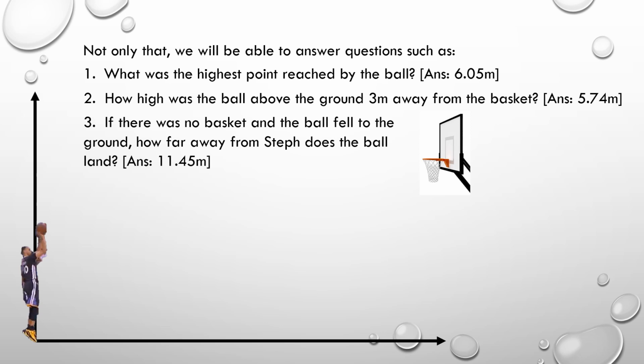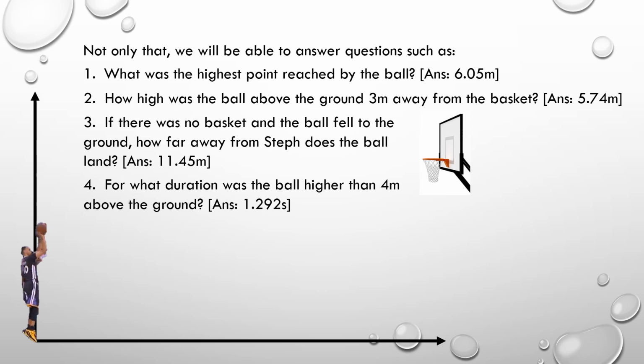And how about this? For what duration was the ball higher than 4 meters in height above the ground? I won't work out these answers one by one, but I've included what they are in the brackets, as you can see. We'll go into the details of identifying these properties and how to work these out in the following videos.